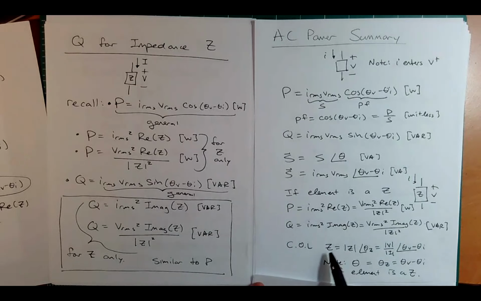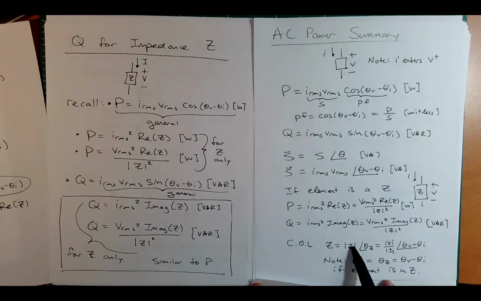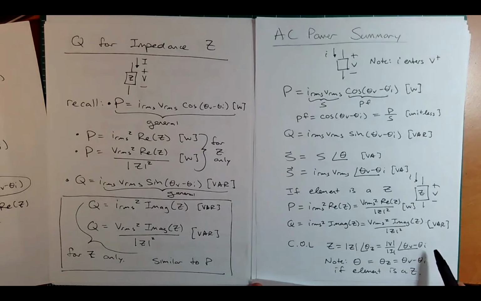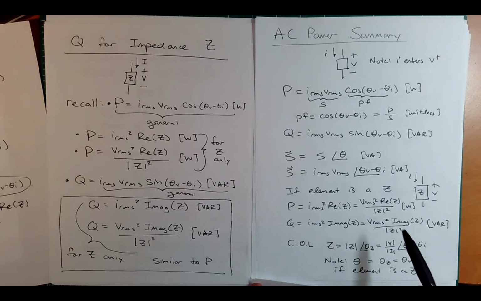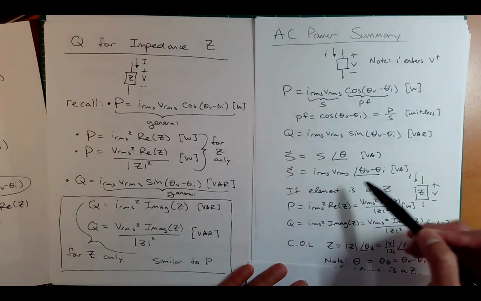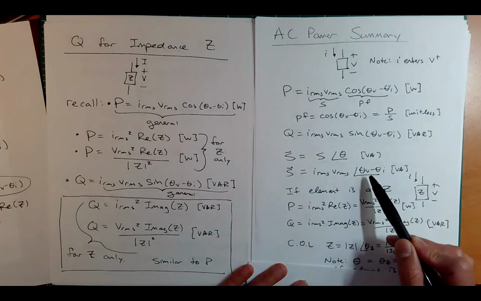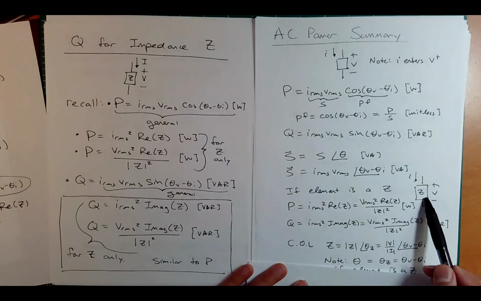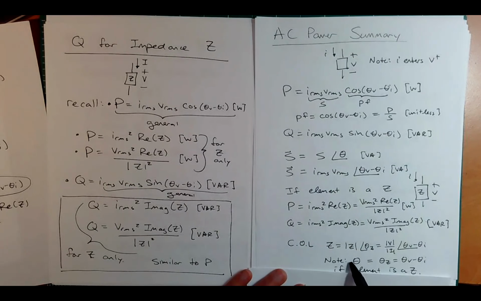Now again, complex Ohm's law. Z is equal to the magnitude of Z at angle theta Z, or V over I, at angle theta V minus theta I. Good. Now I want you to note something. This is kind of nice. The power angle way up here is the same as theta V minus theta I. If you're looking at a Z, notice the phase angle of Z is the same as the power angle.